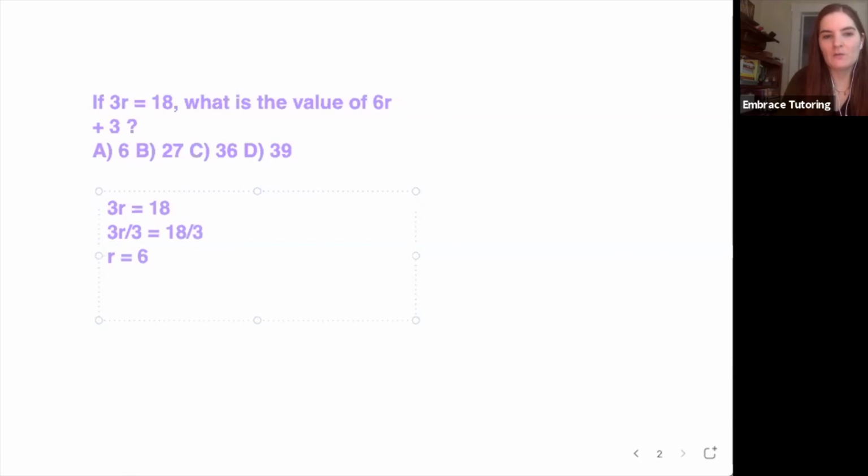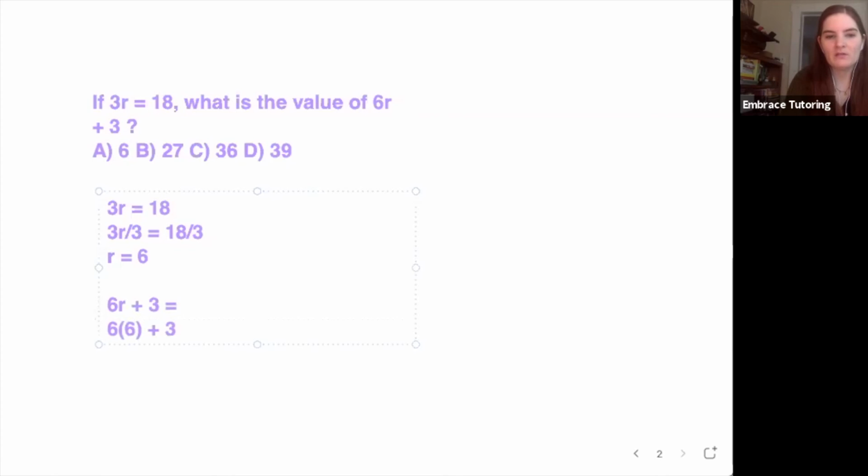So if r equals 6, where would you go from here to figure out what the value of 6r plus 3 would be? You can actually just plug that in. So 6r plus 3 would equal what? We have 6 times the value of r, which was 6, right?